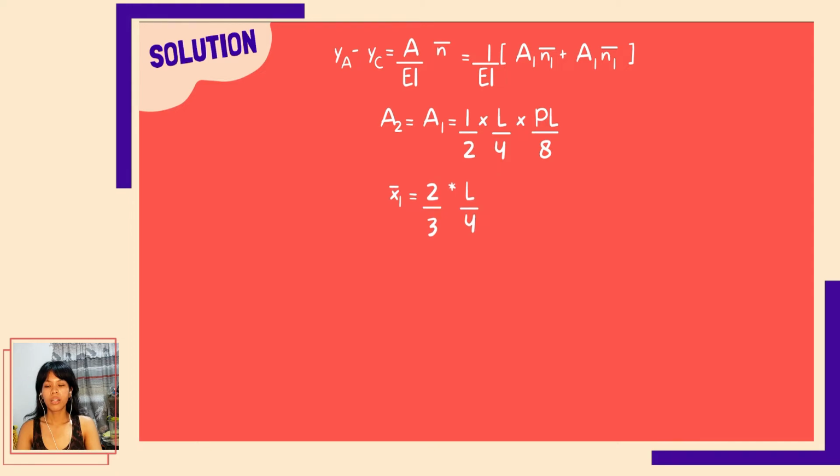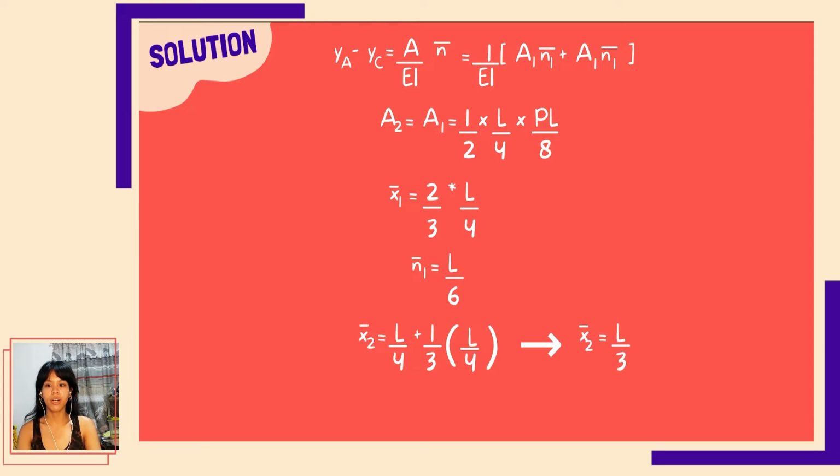Then let's solve for x̄1. x̄1 is 2/3 times L over 4, and then x̄1 is equal to L over 6, and x̄2 is equal to L over 4 plus 1/3 multiplied by L over 4. Then the value for x̄2 would be L over 3.